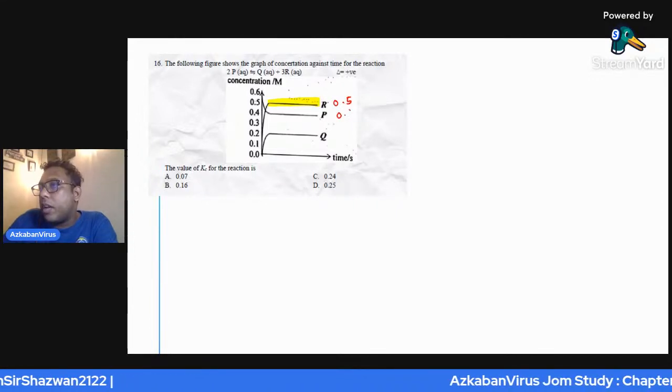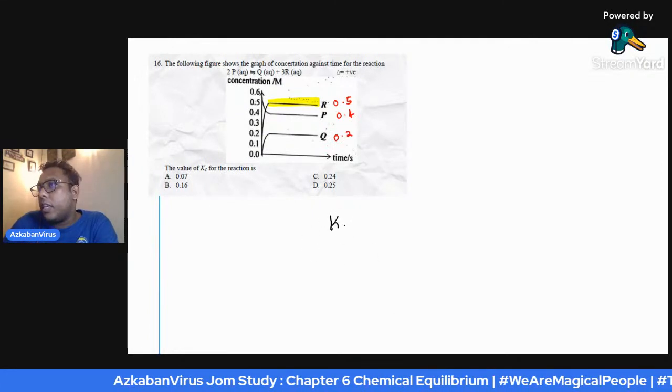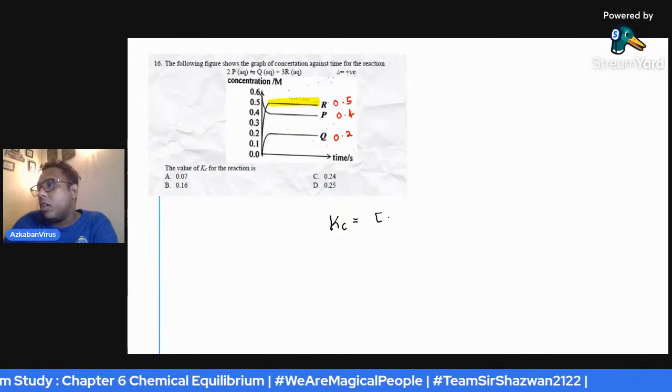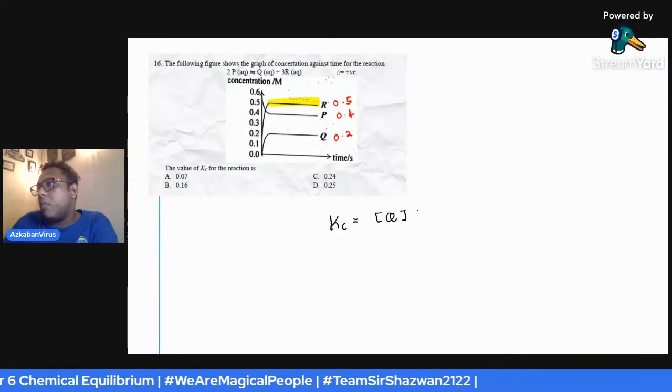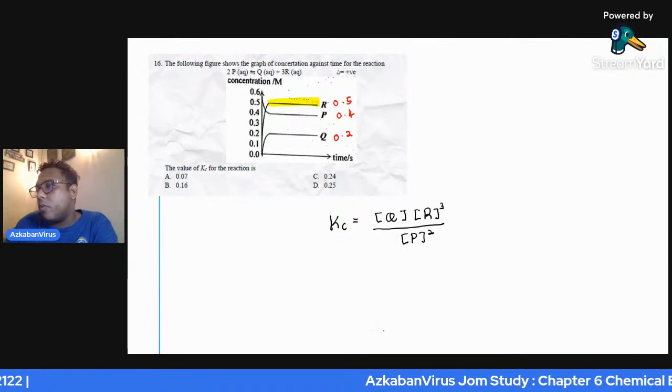Ini 0.4. Ini 0.2. We know that Kc is equal to concentration of Q darab concentration of R to the power of 3 bahagi concentration of P to the power of 2.